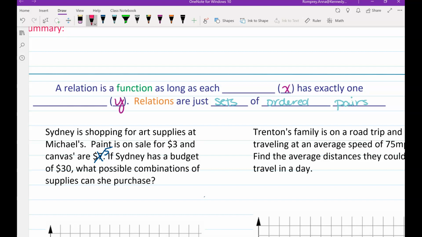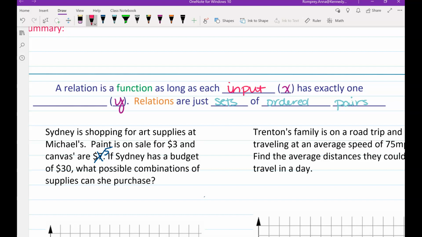Now, our x values, let's think about that. When we have an equation, if we have an x and a y, when we go to plug in, we input our x values to find out what the y values should be. So x's are always our inputs.